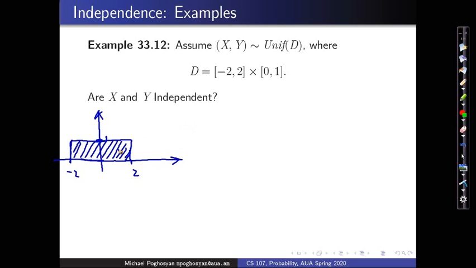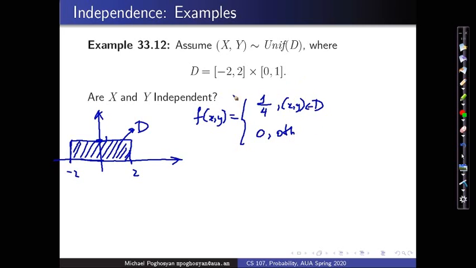The joint PDF will be the following: 1 over the area of this. So height is 1, width is 4, so I will have 1 over 4 if (x, y) is in that rectangle D, 0 otherwise.